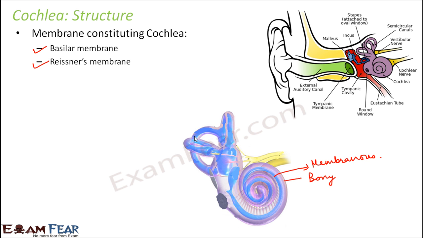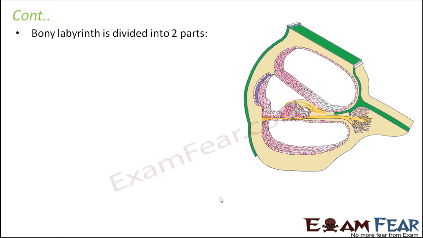Right now we are talking about the cochlea, so we are talking only about this portion, the coiled structure. This is a detailed structure of the cochlea, only the coiled structure.